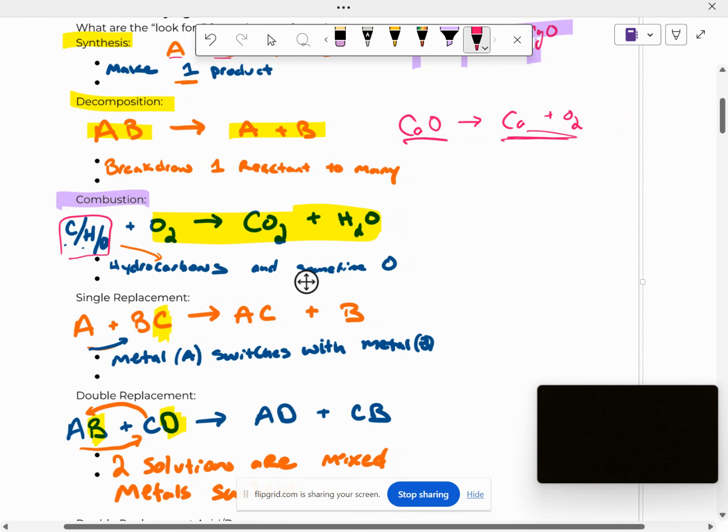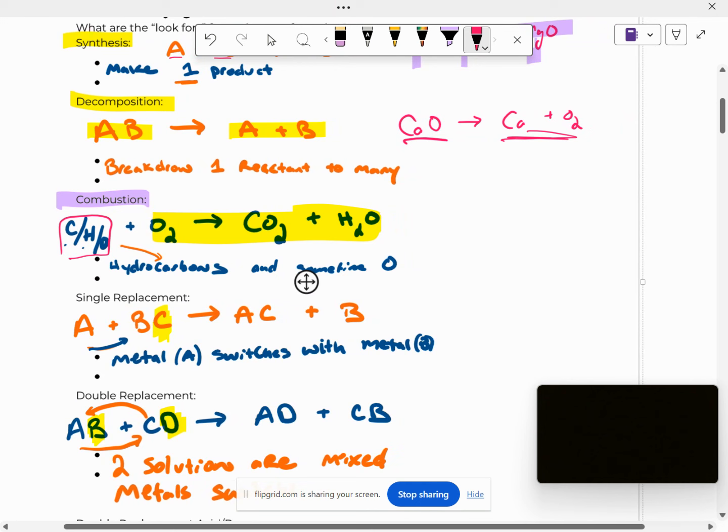Which one does that fit? That fits the combustion. You just got to look to find your patterns. Here I have a solo one by itself, and it switches. So that is a single replacement.